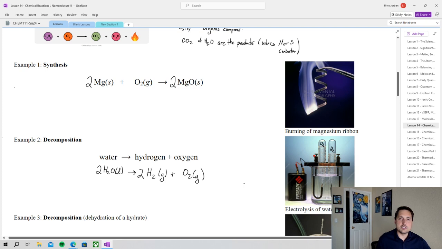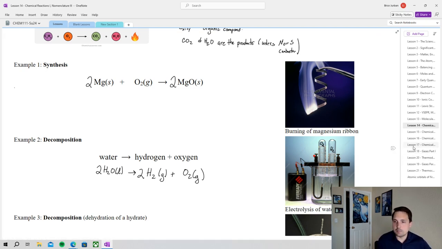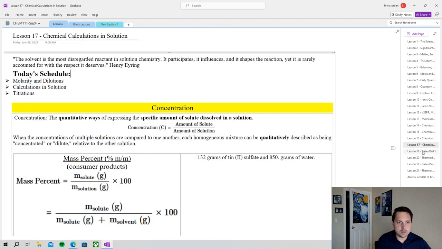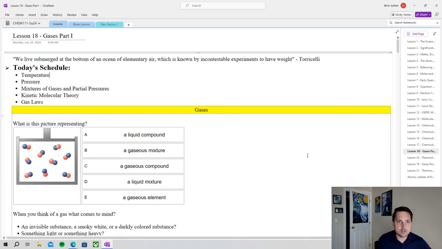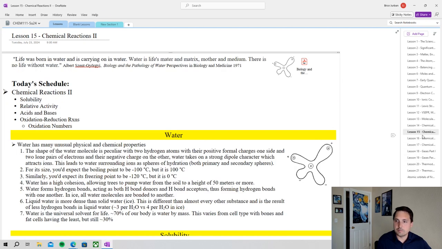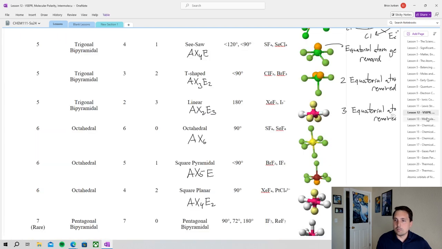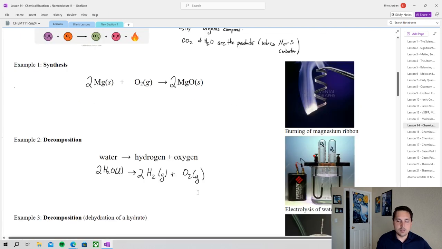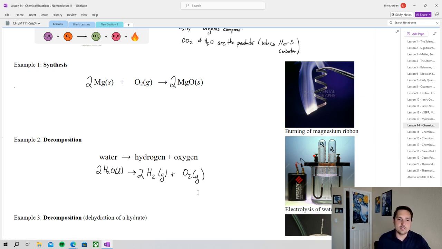So one thing about gases that we're going to talk about in lessons 18 and 19, we're going to talk about how equal volumes of gases will be equivalent to equal moles of gases.